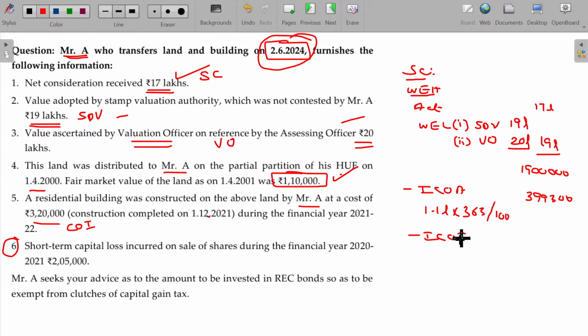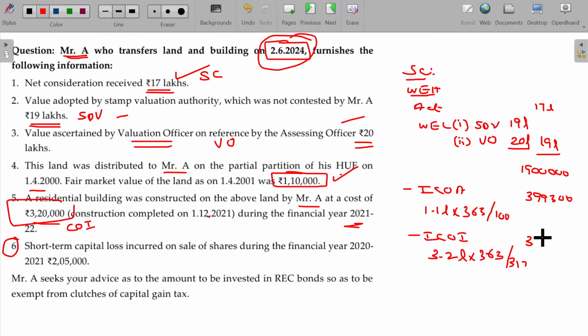Indexed cost of improvement, being 3,20,000 into 363 in the numerator, and construction made in 21-22, on the date it is 317.